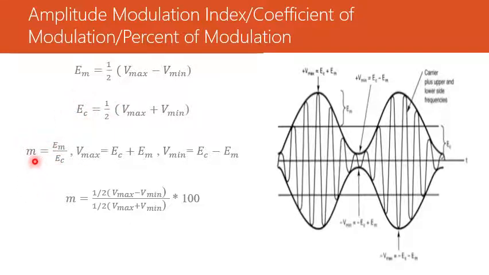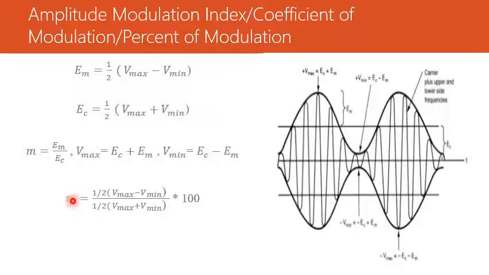We already know the modulation index M is equal to Em by Ec. So Vm max is equal to Ec plus Em, and V minimum is equal to Ec minus Em.